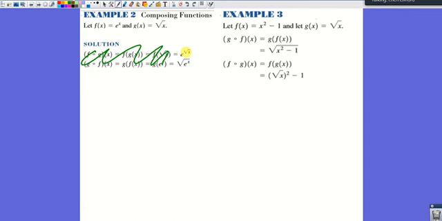Now, f of g of x. There's not only one right answer, but typically people usually get the same answer. I like to call this the embedded function. I'm going to write f of g of x over here.